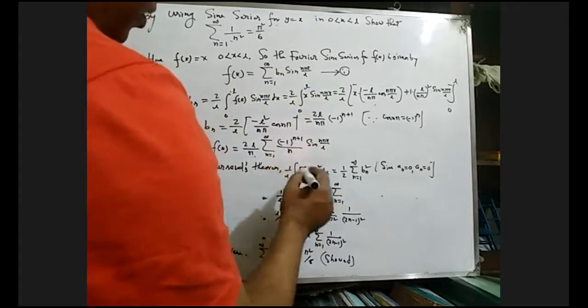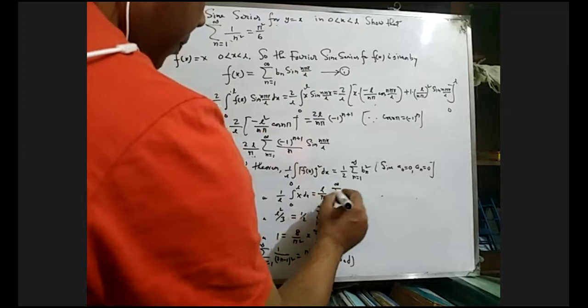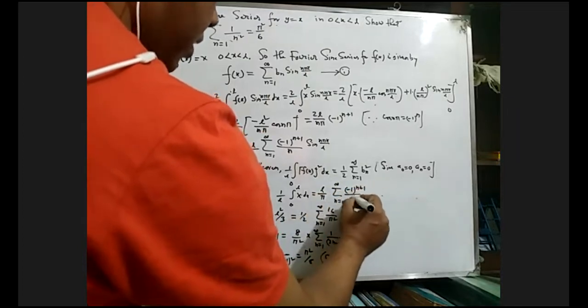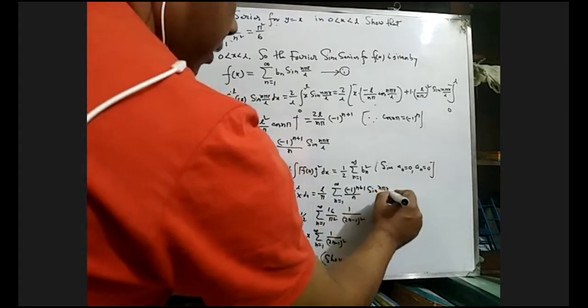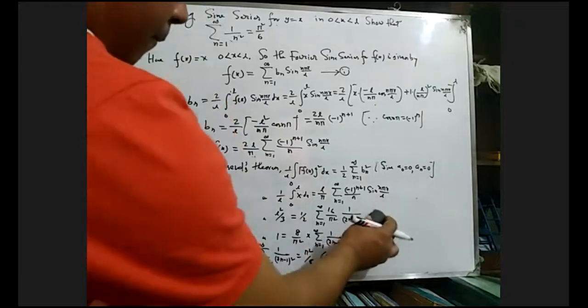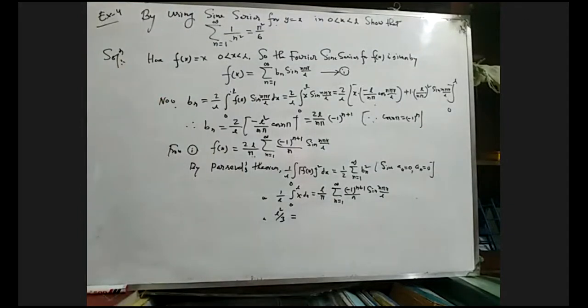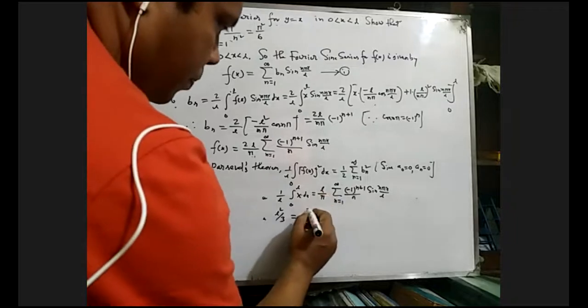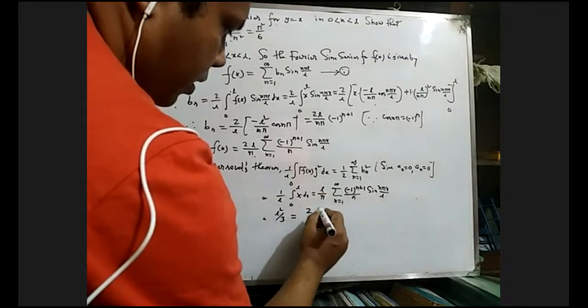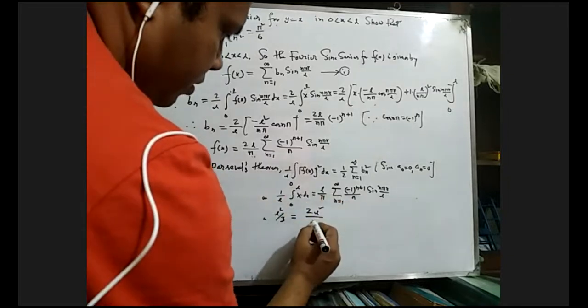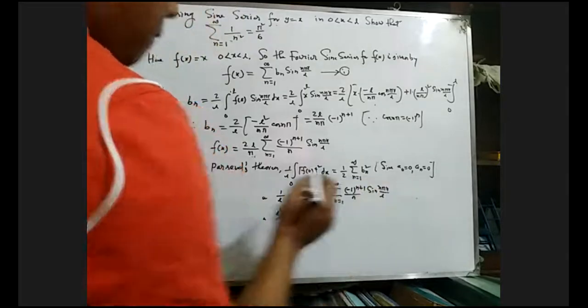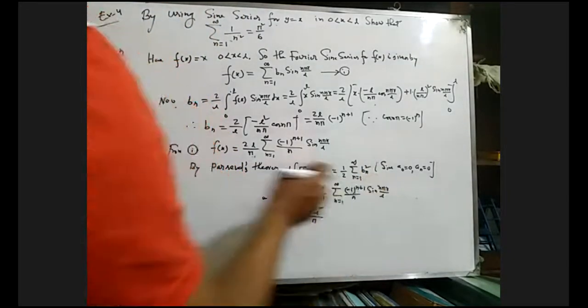So just putting, we get L by pi, minus 1 to the power n plus 1 divided by n, sine n pi x by L. So L square by 3 equals L square by pi square, multiplying by L on both sides, L square by pi square, for different values of n.